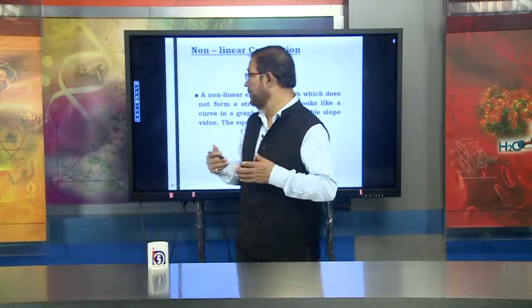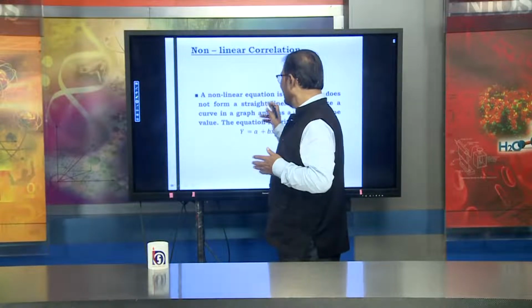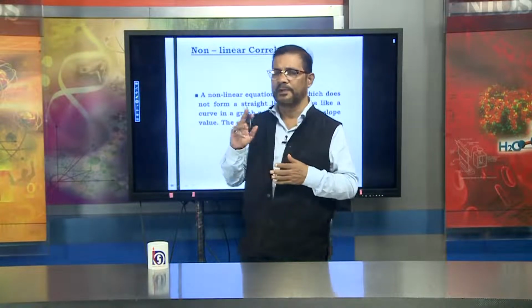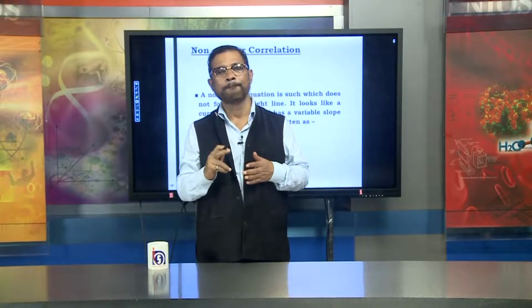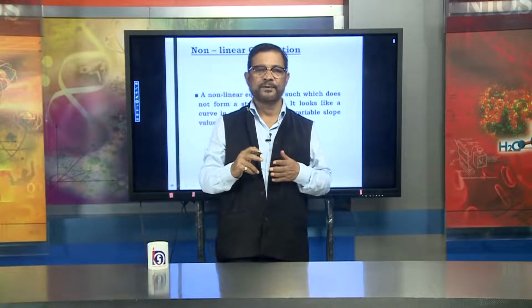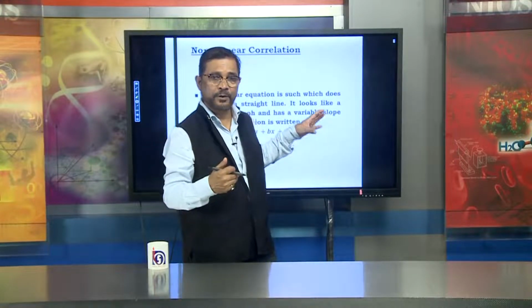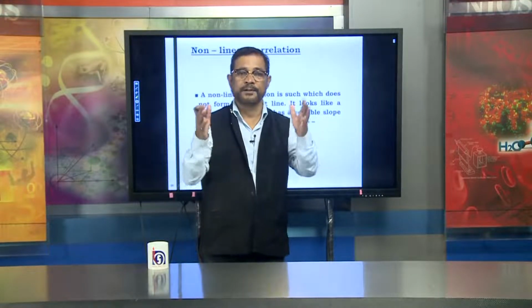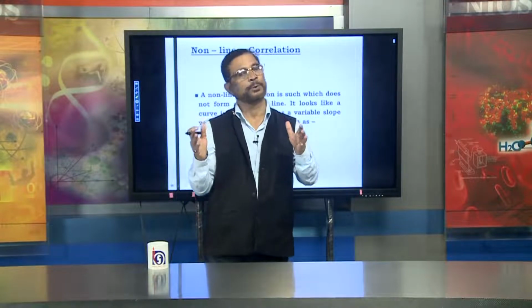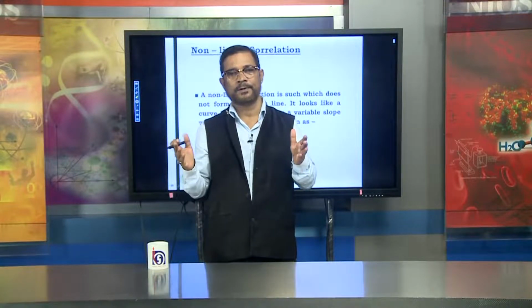Okay. So this is what we say is a non-linear equation that will not be discussed in your syllabus. So this way we can determine, and all these concepts help us to determine the relationship between two variables.